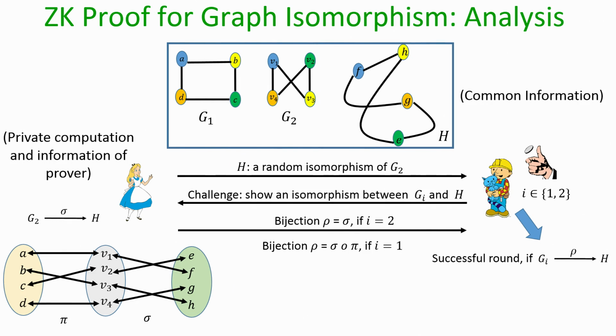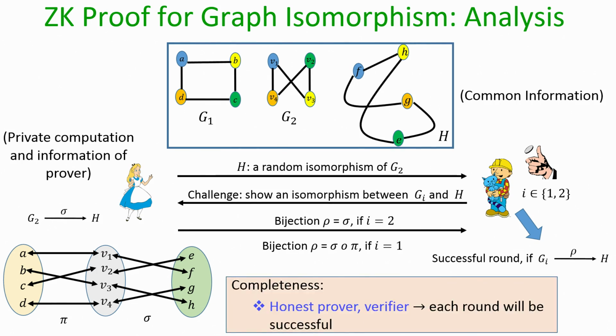Let us see whether this graph isomorphism protocol satisfies the 3 requirements of completeness, soundness and zero knowledge. The completeness property or the correctness property is straightforward.